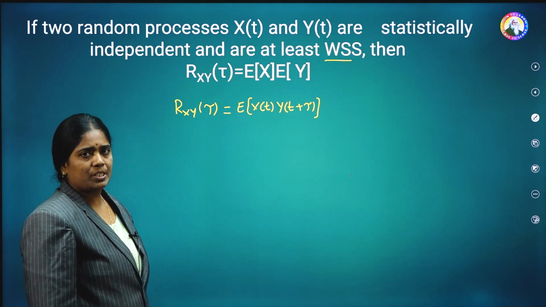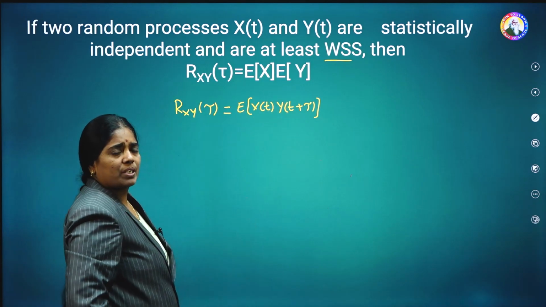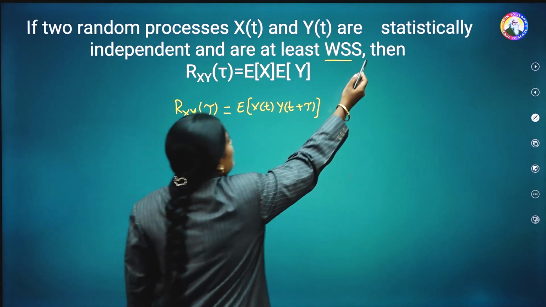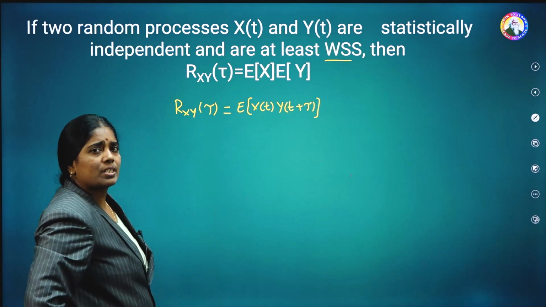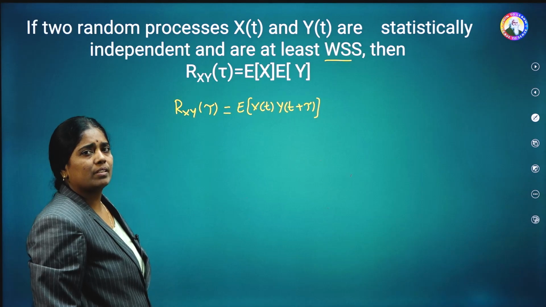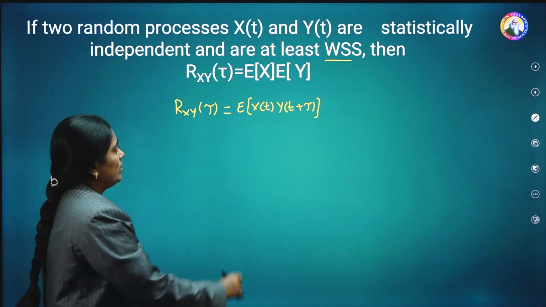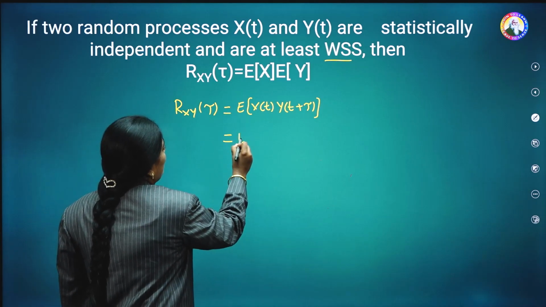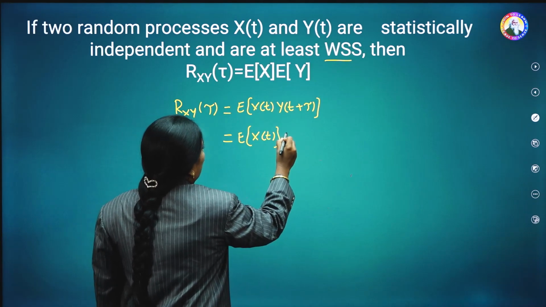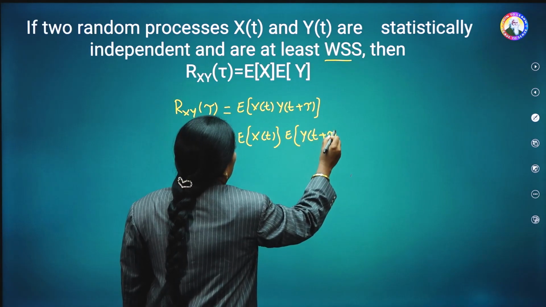For the case of WSS process, its corresponding expected value is nothing but the constant mean value. And for the case of statistically independent random processes, the expected value of the combination of x of t and y of t is equal to the product of individual expected values. That's why this can be represented as E of x of t into E of y of t plus tau.